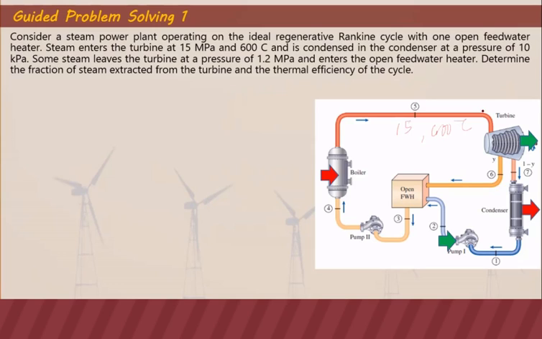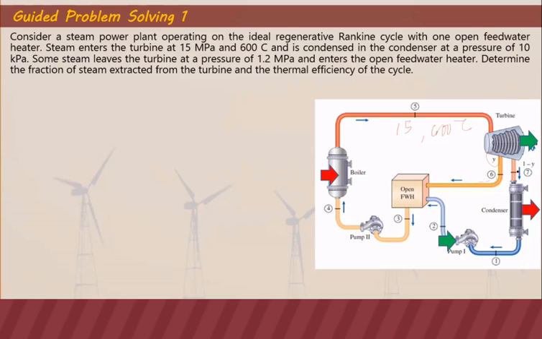It enters the turbine and we extract, since we're given one open feed water heater, steam is extracted, and the fraction of steam extracted is given as y at this branch here at point 6, going to the open feed water heater, and the remaining 1 minus y is condensed in the condenser.